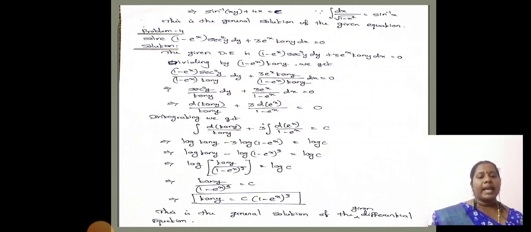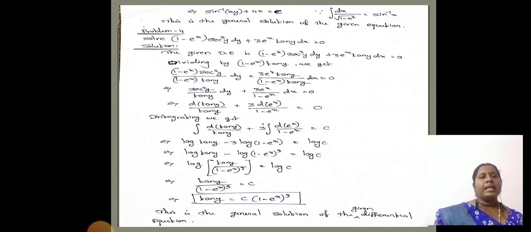Now we cancel 1 minus e power x in the first term and cancel tan y in the second term. We have secant square y by tan y dy plus 3 e power x by 1 minus e power x dx equal to 0. We know that differentiation of tan y equal to secant square y.